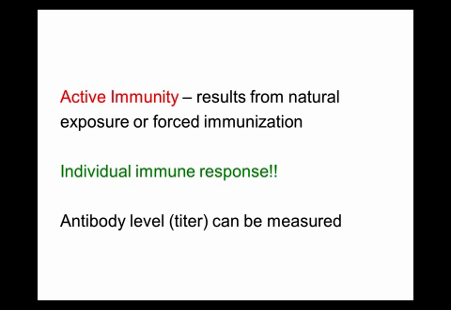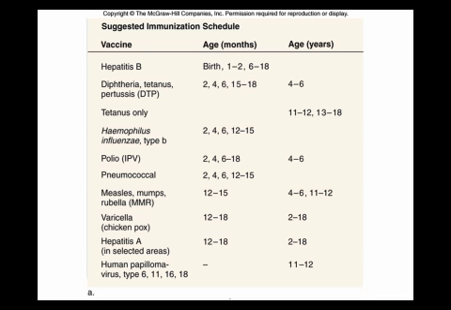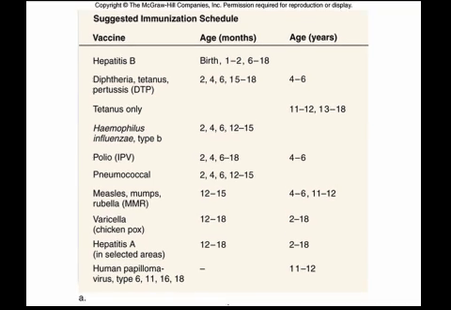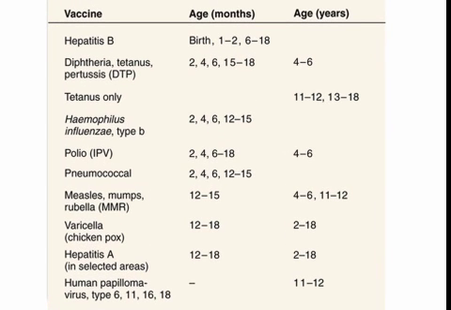As a result of that immune response, there will be antibody produced, and that antibody can be measured in blood plasma. Here is a list of a number of things for which we typically receive vaccinations: hepatitis, tetanus, diphtheria, Haemophilus, polio, a number of these.